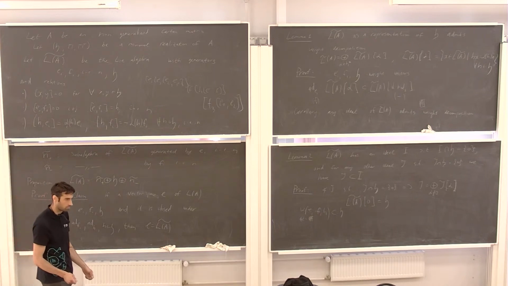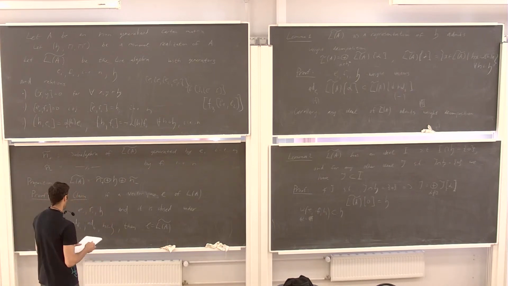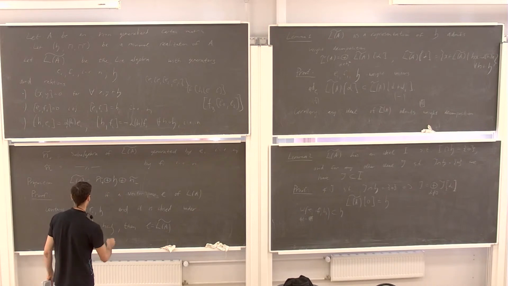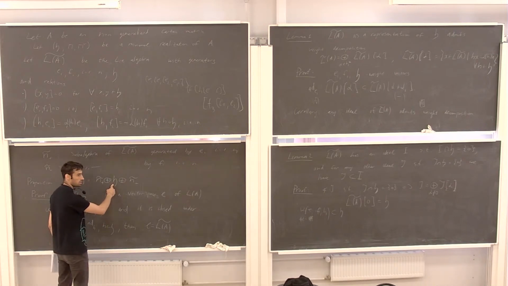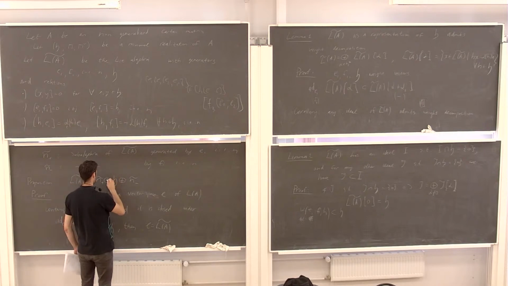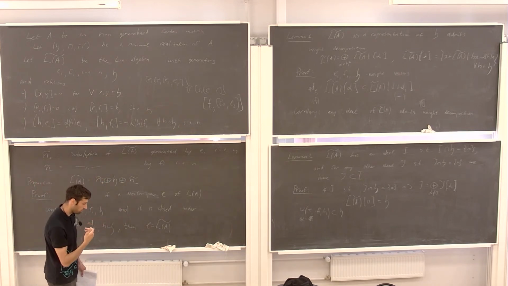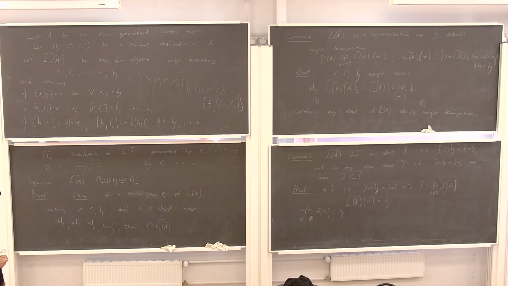Shouldn't you prove that n plus tilde doesn't intersect h, doesn't intersect n minus tilde? It is clear because h is inside L0, and this is inside not L0. So these are in different summands of the weight decomposition, so they do not intersect.